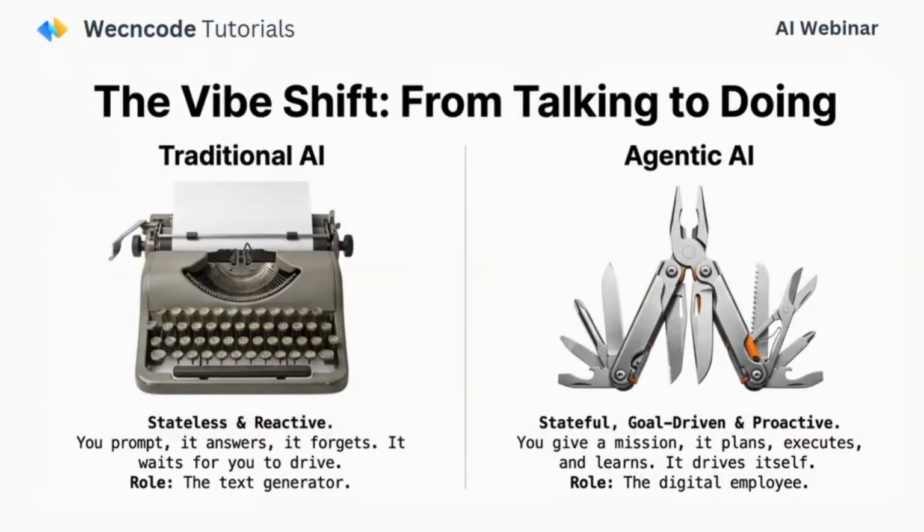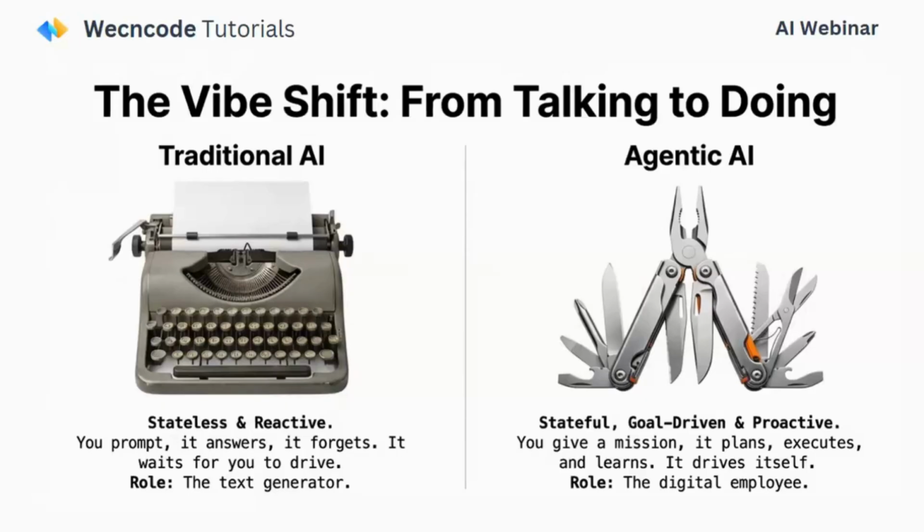So, vibe shift. We're shifting from talking to doing. Still, let me go back and introduce what we had before now. Traditional AI. When generative AI came up, like ChatGPT or Gemini, if you are using them, you know that they are stateless and reactive. For traditional AI, you must ask a particular question.